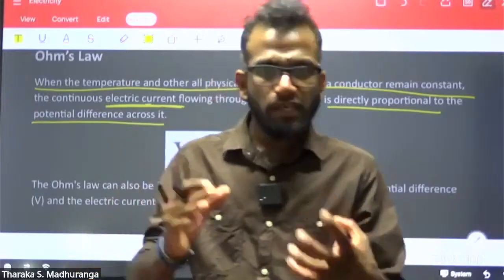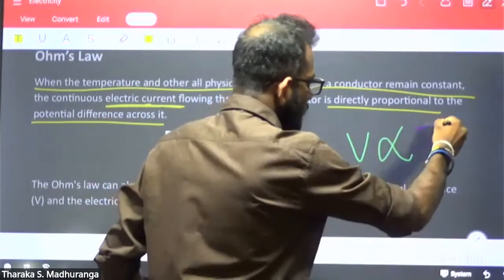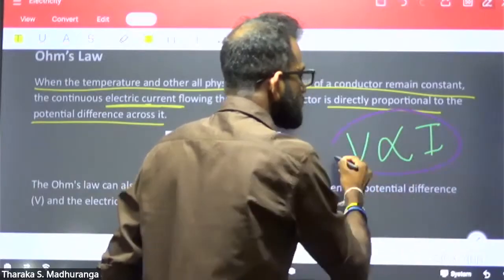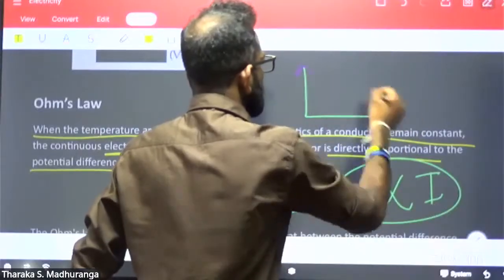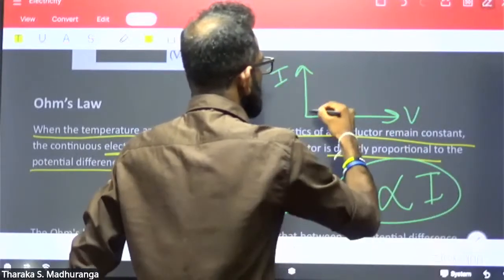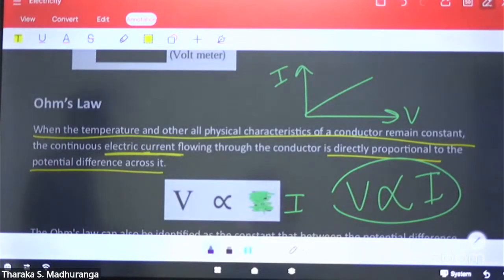The basic thing you need to remember: V is directly proportional to I. The graph is like this, V and I, the graph like this. Understood?